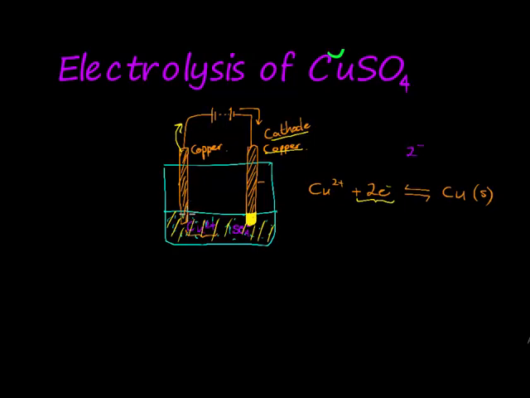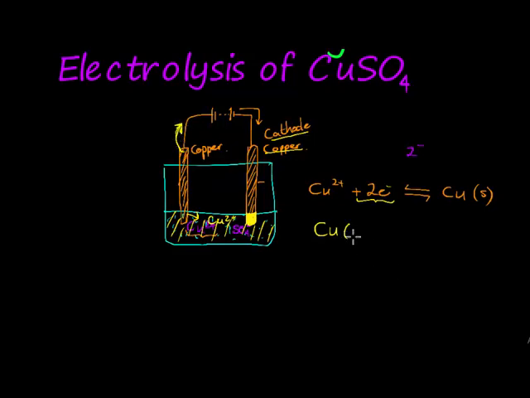So what happens on this side is that this copper electrode here starts giving away copper ions into the solution, and it gives that away because electrons are being pulled away from copper.